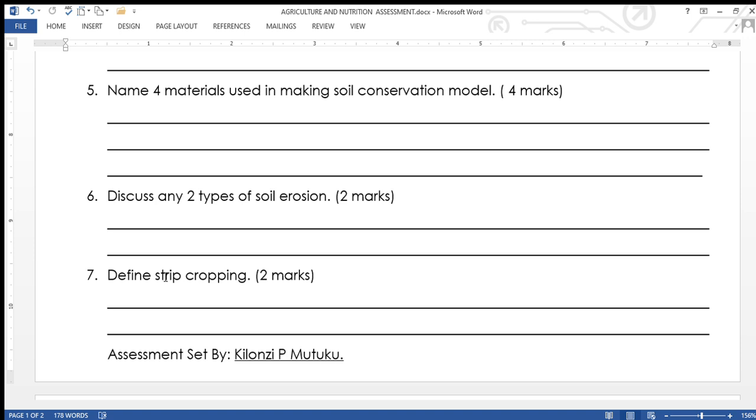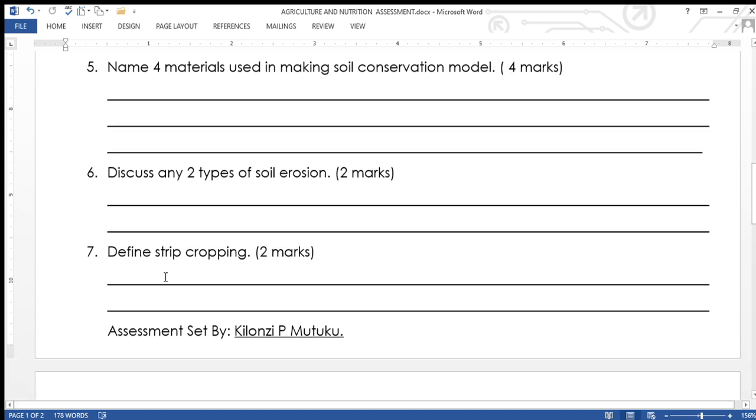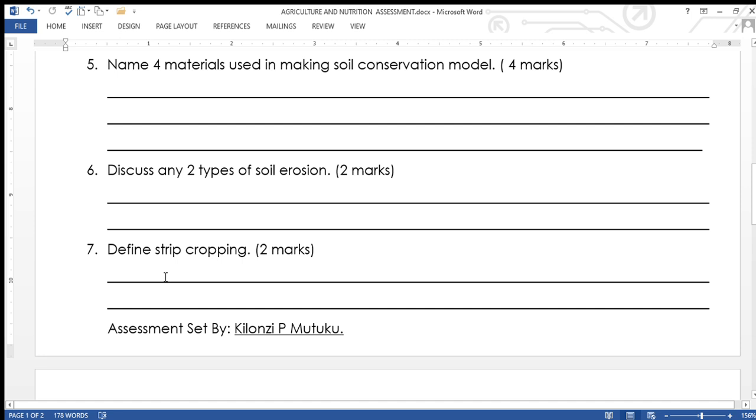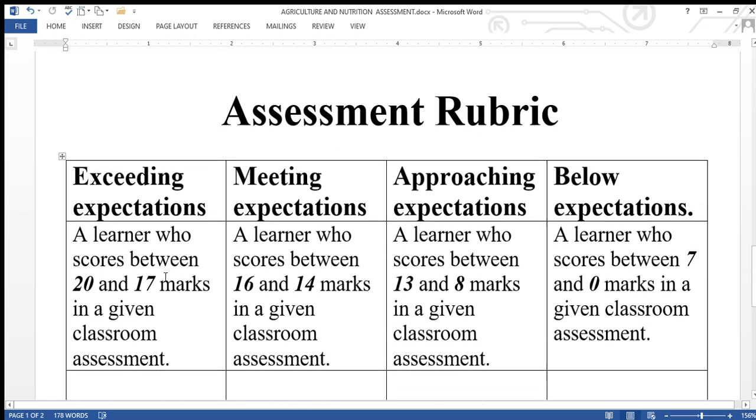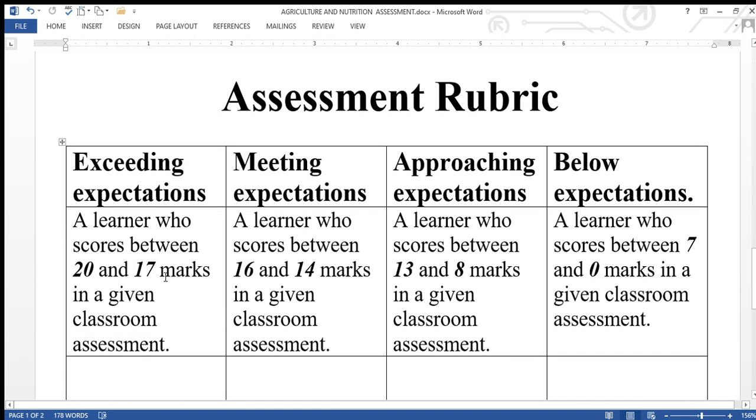And this was an assignment set by Kilonzi P. Mutuku. That is my name that I use in school. And this was the assessment rubric. For you to be in exceeding expectation, a learner scores between 20 and 17 marks in a given classroom assessment, the classroom assessment that I gave you.